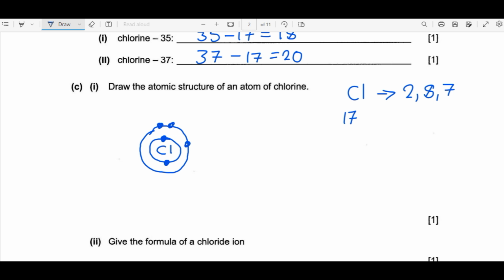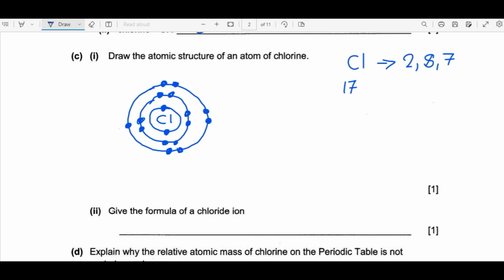Then our outermost shell will have 7 valence electrons. So this is our atomic structure of the chlorine atom. So we've done this answer.